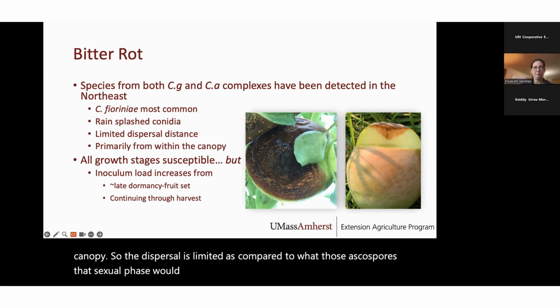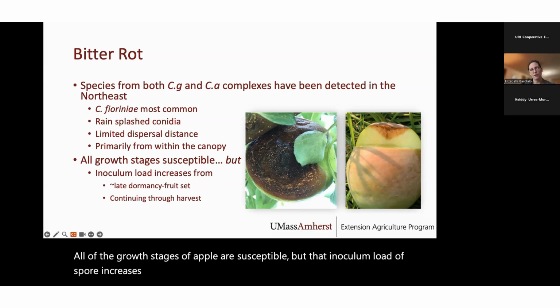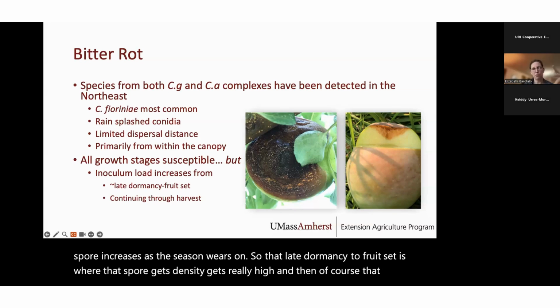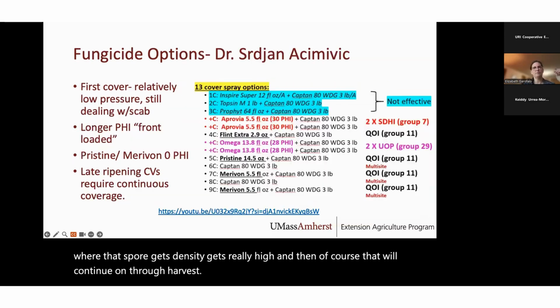The primary inoculum does come from within the canopy. All of the growth stages of apple are susceptible, but the inoculum load of spore increases as the season wears on. So late dormancy to fruit set is where that spore density gets really high, and that will continue on through harvest.